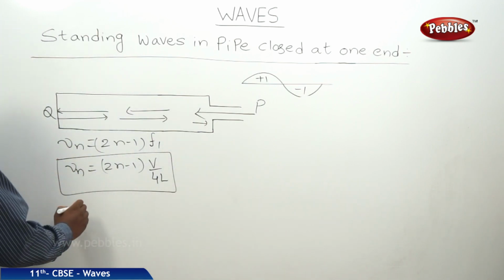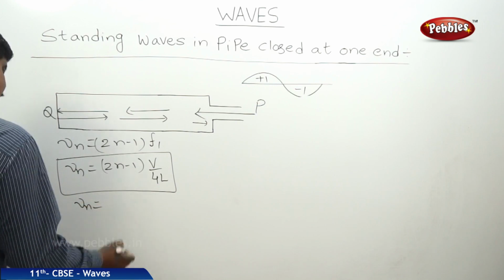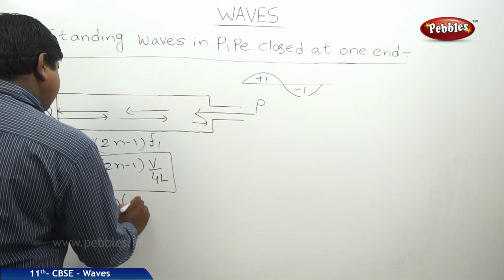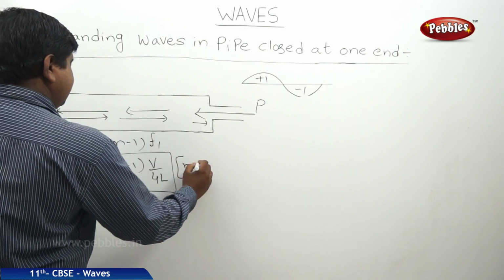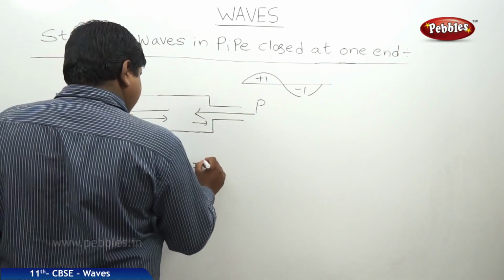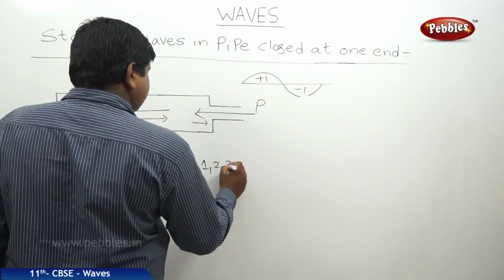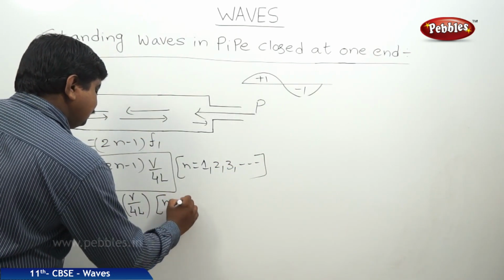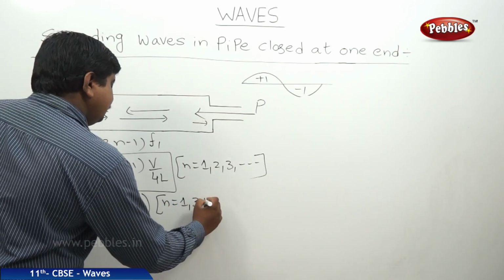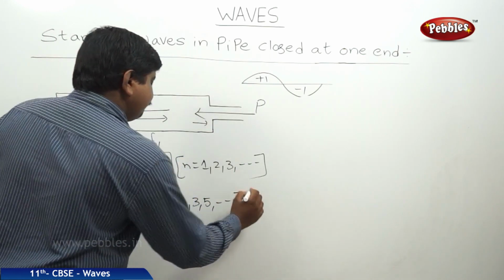This can be written like this also. Nu n is equal to n into V by 4L. Here n is equal to 1, 2, 3, etc. But here n is equal to 1, 3, 5 and so on.